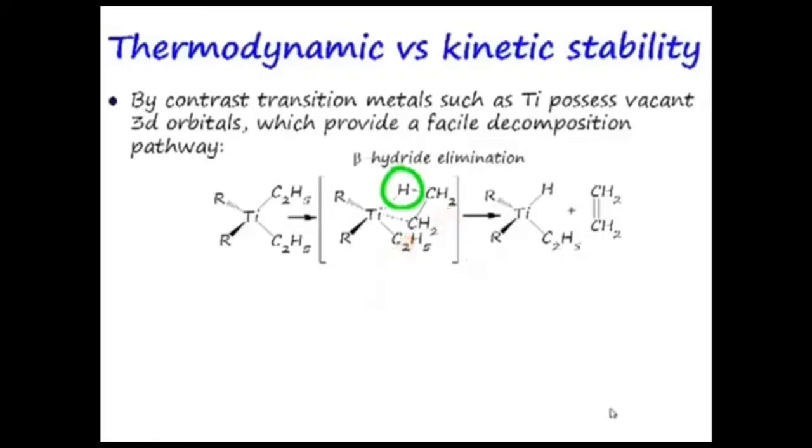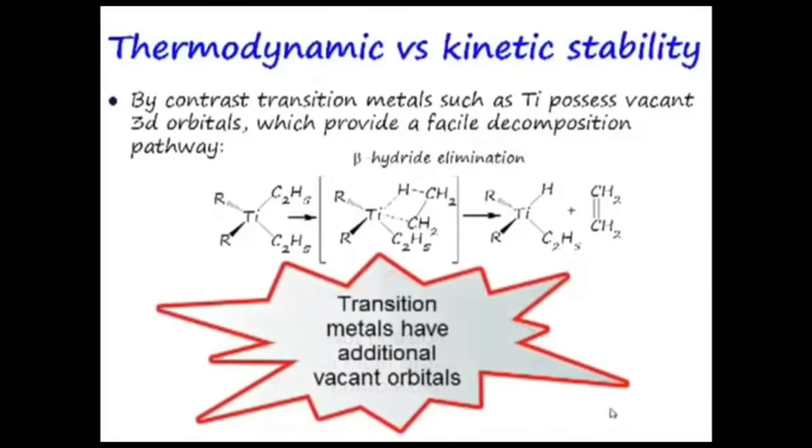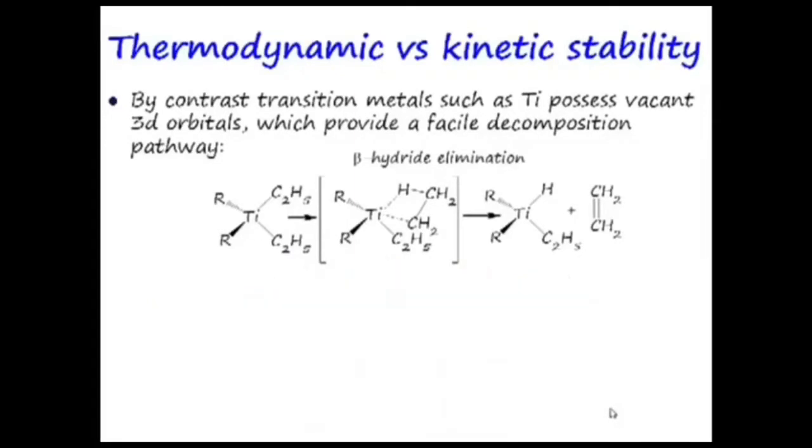Now, this hydrogen bonded to a beta carbon can interact with the transition metal center. This is possible in transition metal centers and not in main group complexes, because transition metal complexes have additional vacant orbitals. There's an orbital that's not being used in tetraethyl titanium, and that orbital can coordinate this beta hydride.